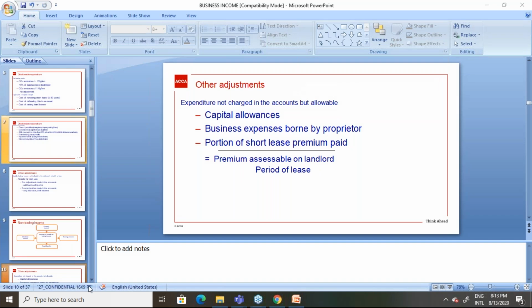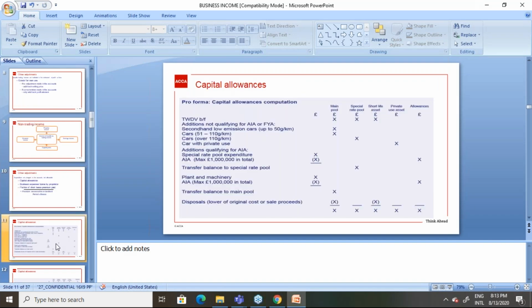Then capital allowances. Now, when it comes to capital allowance computation, you must be familiar with it because this is an area that can be tested at the exam, but you don't have to do a very long capital allowance computation like you used to do in F6, but knowing the principles will be important for the exam.